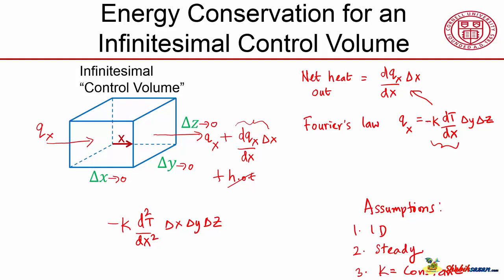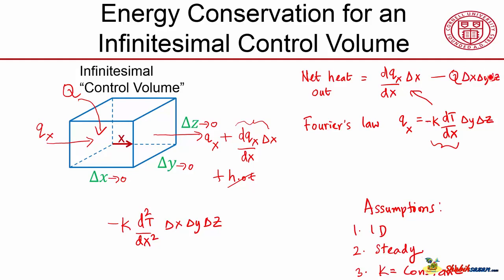I also say that there is another term contributing to the heat, which is the heat generation. I have some heat generation per unit volume, which I call Q. So the net heat out is going to be what's flowing out minus what I'm adding through heat generation. That's going to be minus Q, proportional to the volume, and Q is per unit volume, so that's multiplied by delta x, delta y, delta z.